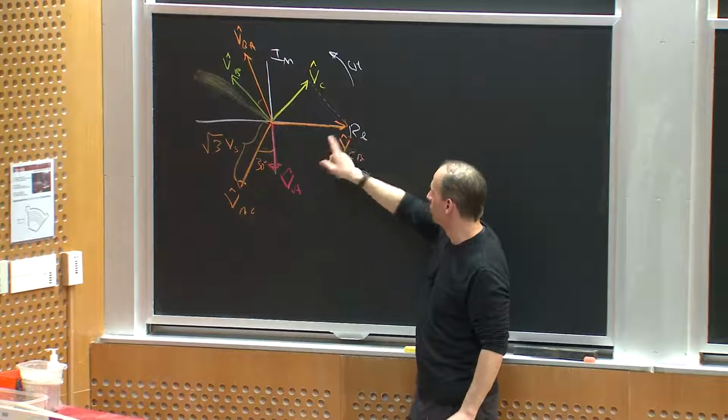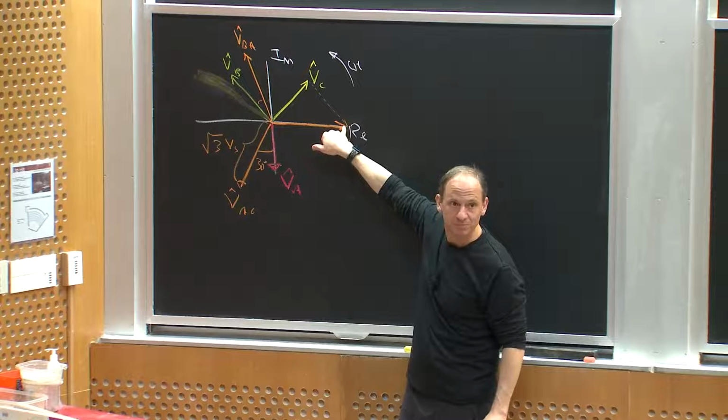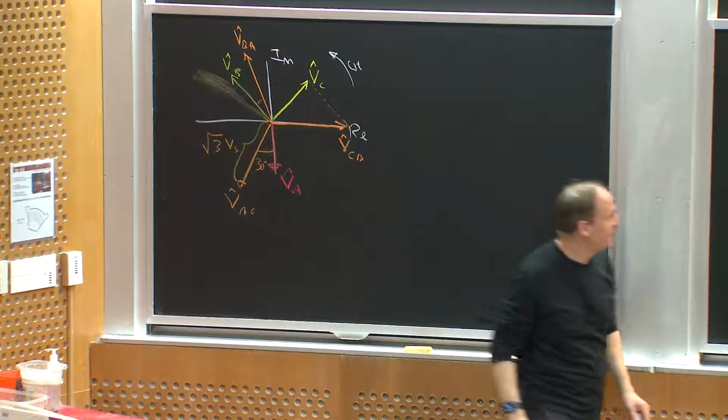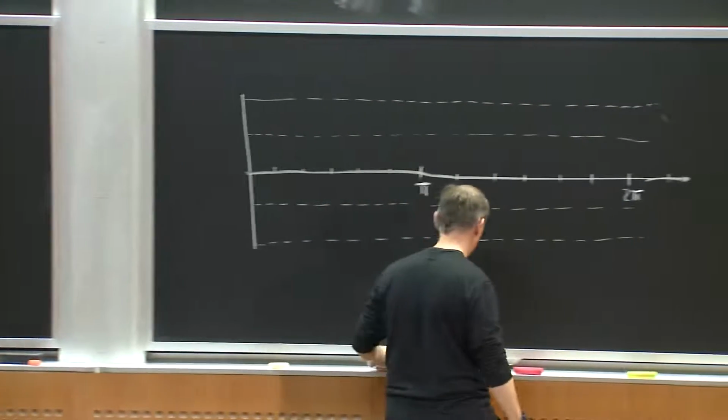At t equals 0, VCB is at a maximum, right? So VCB is going to look like this.